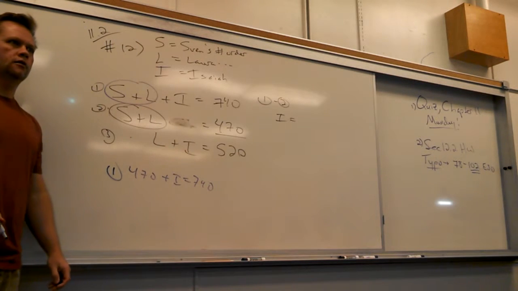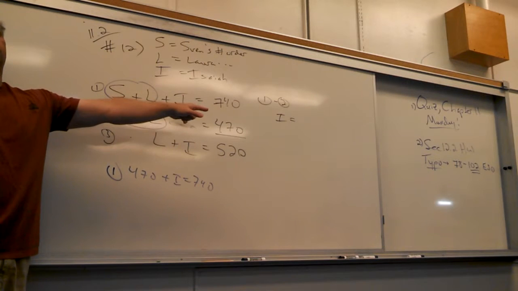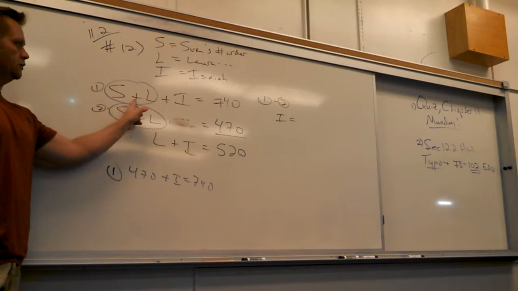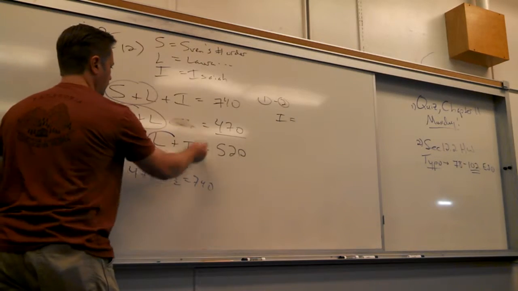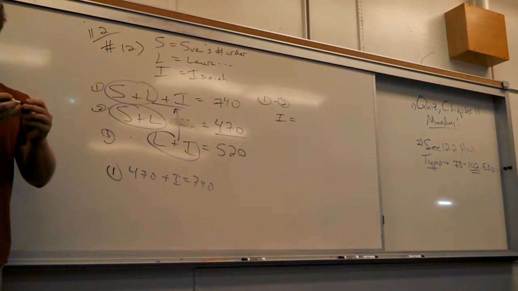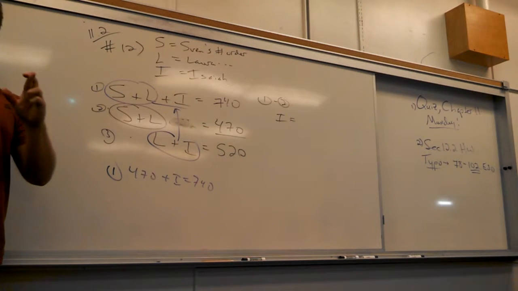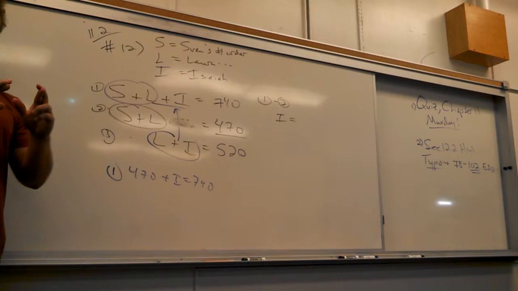Right? Substitution. What is S plus L? 470. So wherever I see S plus L, I can put 470. And then I can subtract and get I. And do the same thing with this information in there. Put the 520 in there. Cool. Okay.